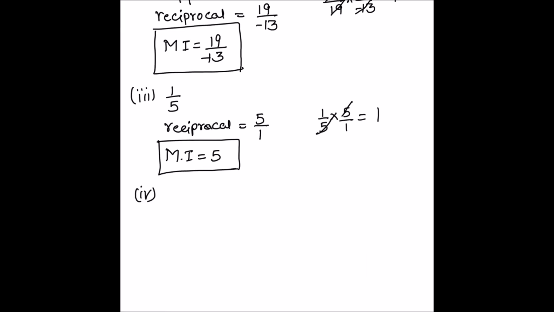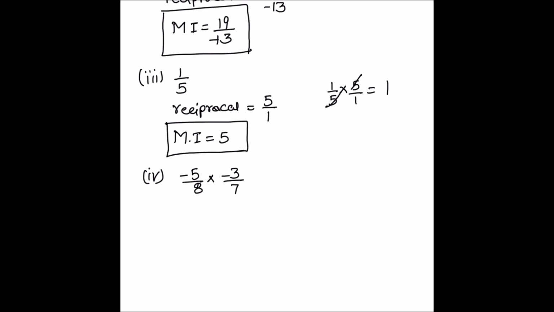Let's find the next part, which is minus 5 upon 8 times minus 3 upon 7. Now here we have a complex term where two fractions are getting multiplied. So before finding the multiplicative inverse of this, we'll multiply the fractions and get a single fraction. 5 times minus 3 is 15 and 8 times 7 is 56.